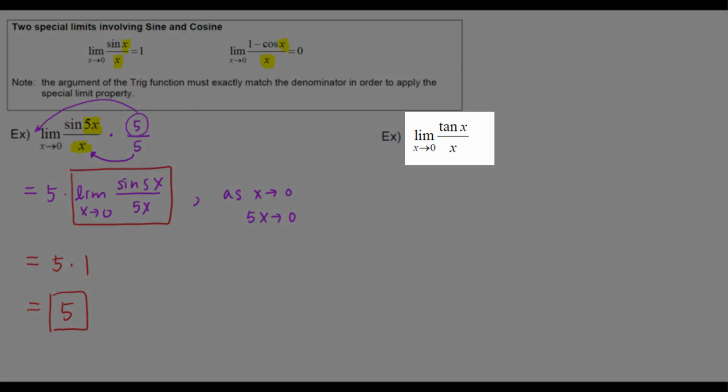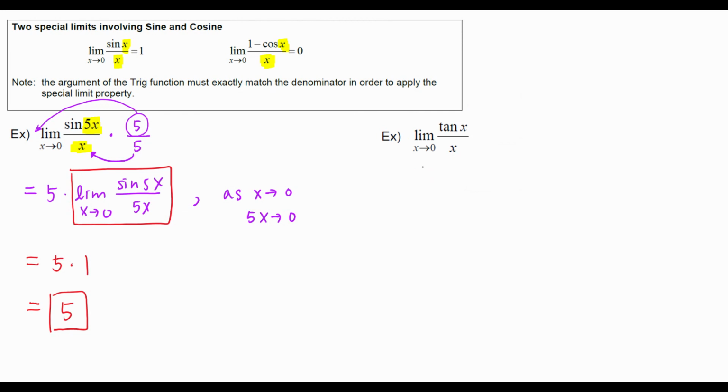Next question. Limit of tangent x over x as x approaches 0. Well, we don't have that property, right? Those two special properties only involve sine and cosine. So of course, what we need to do here is change tangent x. So we're going to rewrite this as the limit where tangent x is sine x over cosine x, and you already had a factor x and have a cosine x as x approaches 0.